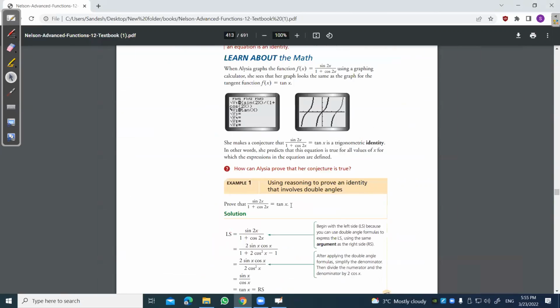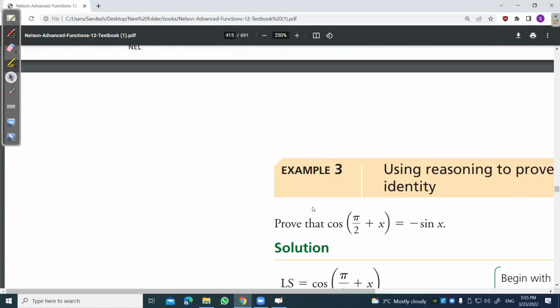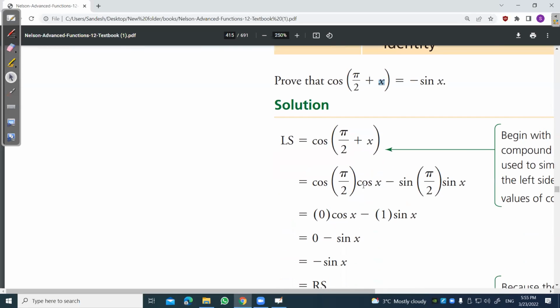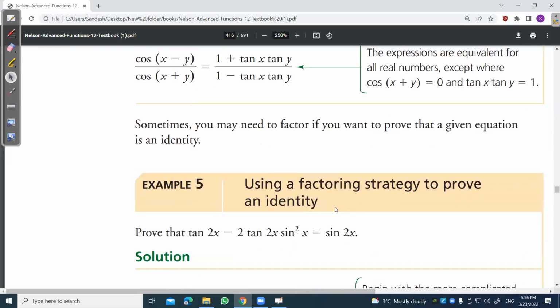There are some easy ones, right? Here it says prove that this equals this. Well, you can just use the compound angle formula that you learned in class today. And that's what they did. Even this one, you'd probably use a compound angle formula. But it's not always going to be as easy as that one. Look at this one.